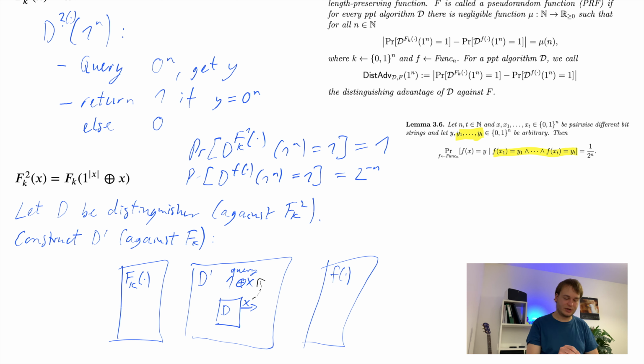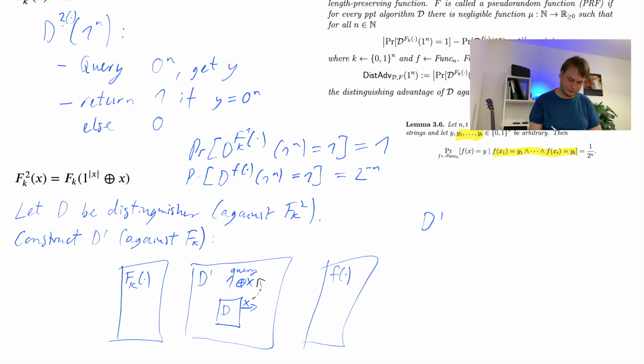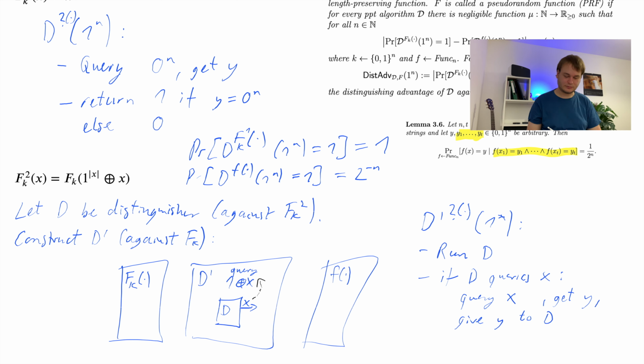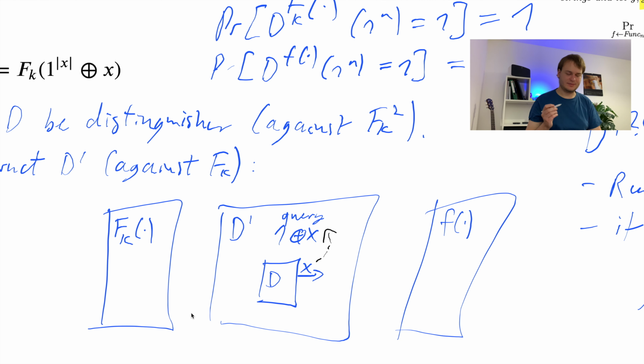So the code of D prime at this point would be: whenever D prime runs D, and whenever D queries x, then D prime will query 1 XOR x. It will get some result y from its oracle, and then it will give this result back to D. So why does this make sense?